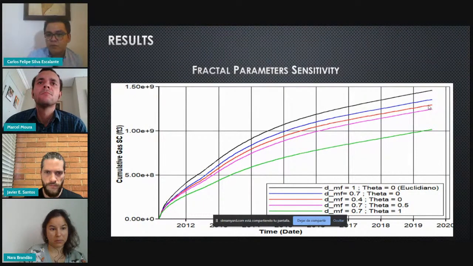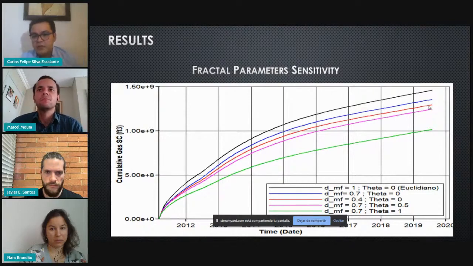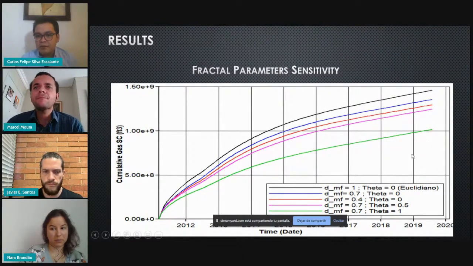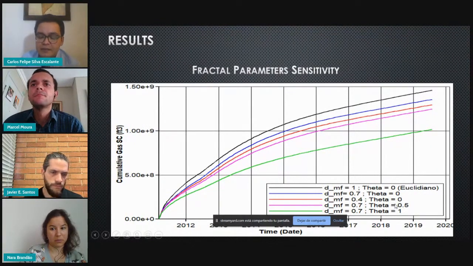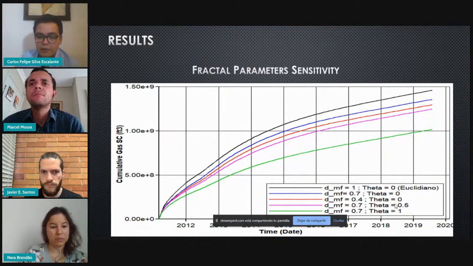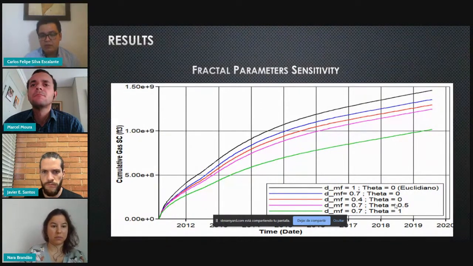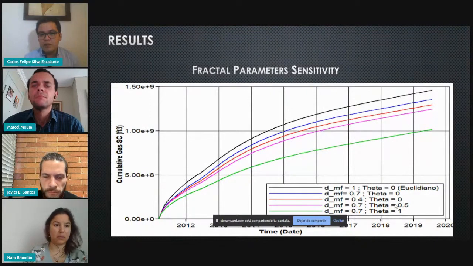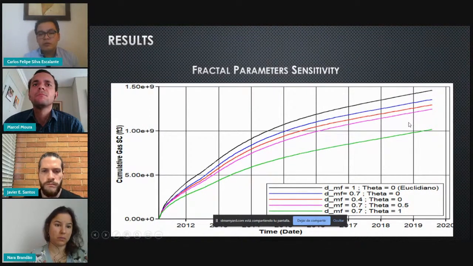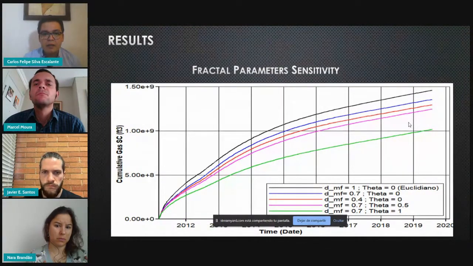Then if we decrease theta, we have the pink and the green. The green indicates the totally isolated natural fractures. And in all cases, we have underestimated production. It's important.